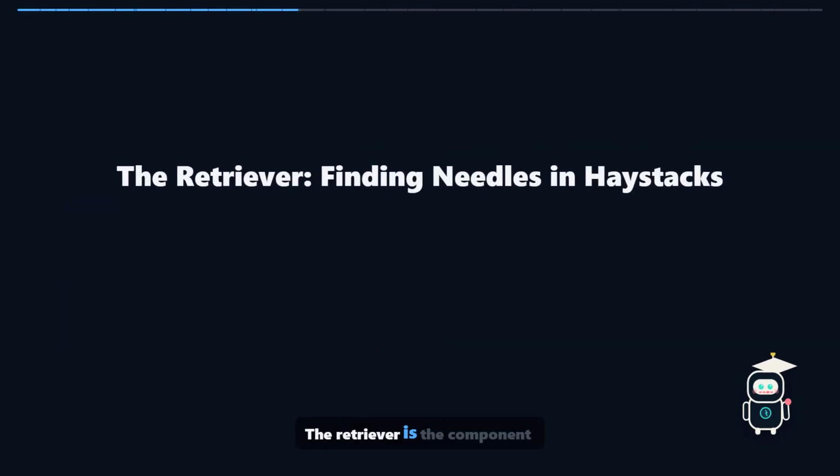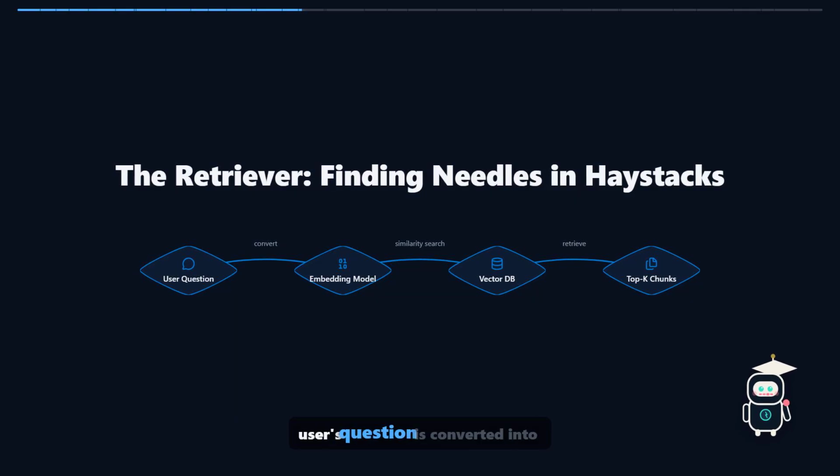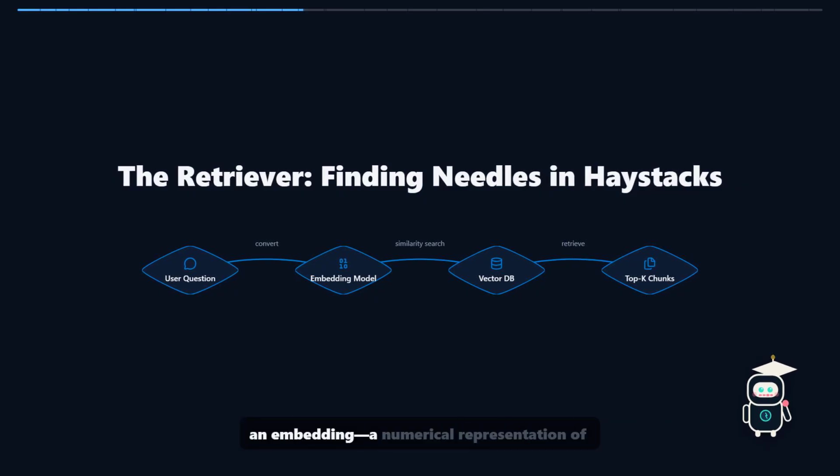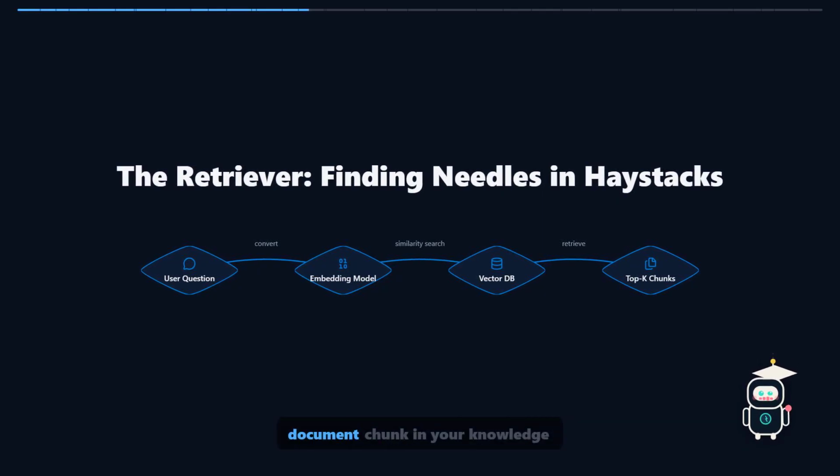The retriever is the component that connects your question to the right information. First, the user's question is converted into an embedding, a numerical representation of its meaning. That embedding is used to search a vector index containing embeddings for every document chunk in your knowledge base.